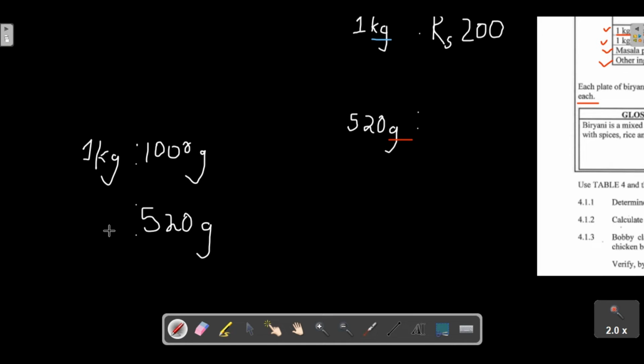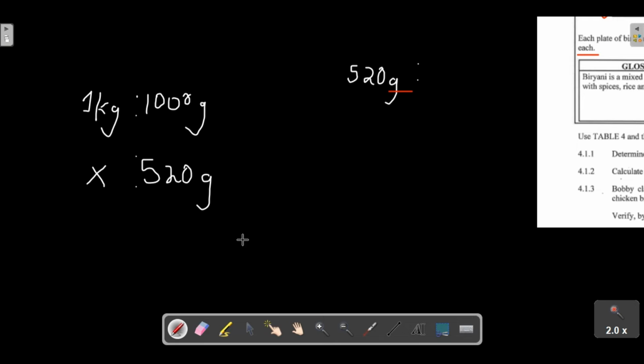I'm just going to write x there. This is what we are looking for. We want to convert this. I think you should perform conversions this way, because when you do so, you familiarize yourself with ratio calculations. It makes things easier. This is practice.